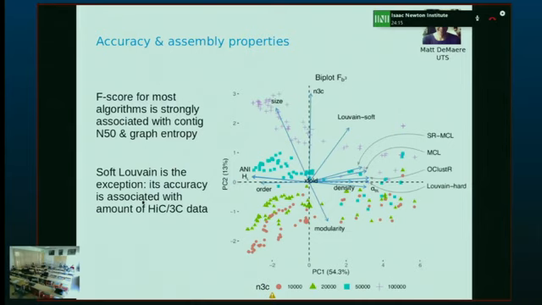And so what we found there is that the average nucleotide identity, of course, is negatively correlated with accuracy of most of the clustering algorithms. The big exception, as I mentioned earlier, is the soft Louvain algorithm. And you can see how the vector for that one heads up on the second principal component, and there's some correlation there with the amount of 3C data that's been generated. And so that suggests that perhaps we didn't even simulate enough 3C data for that algorithm, that the results could have improved further in some of the high strain identity scenarios.